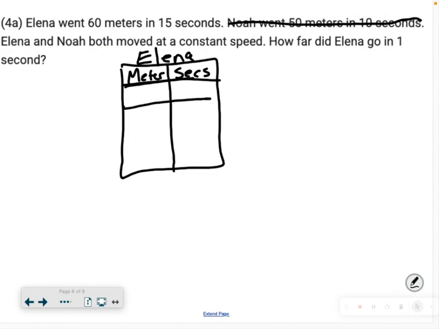I'm going to plug in what I know, 60 and 15, and then I know that I'm going to have to get down to 1 second by that last row.